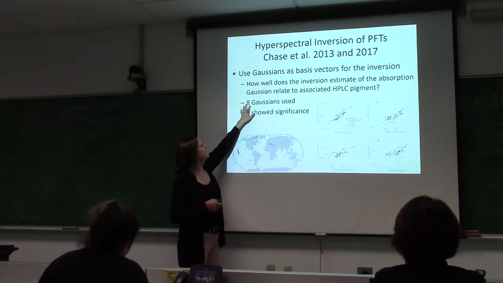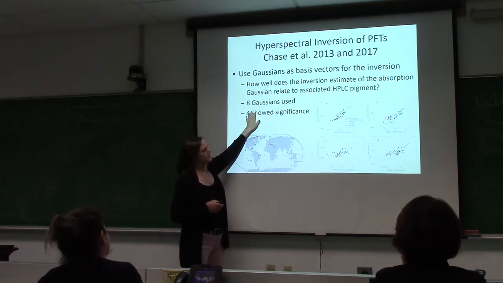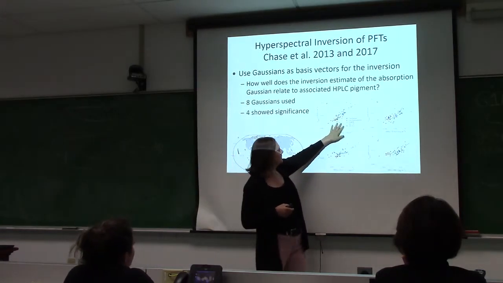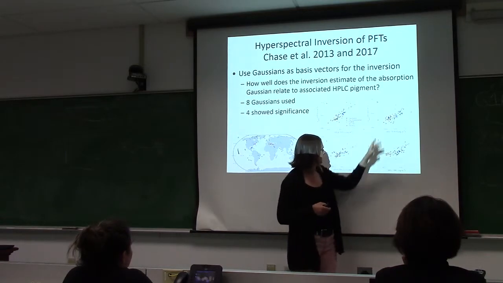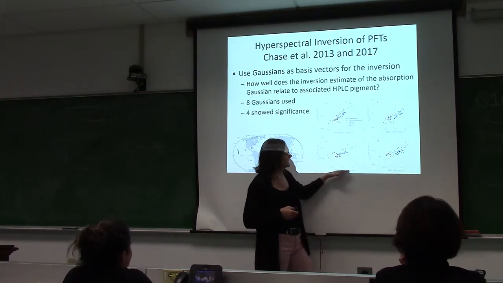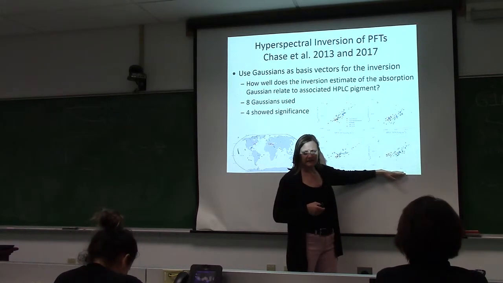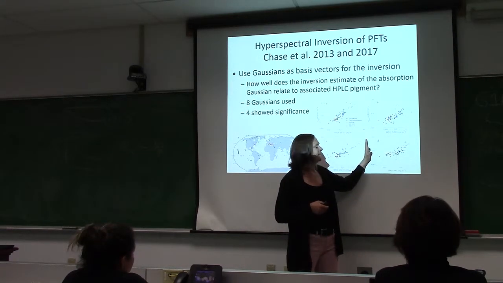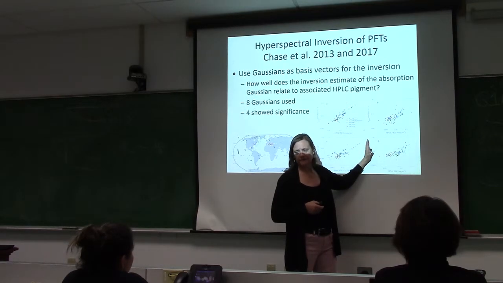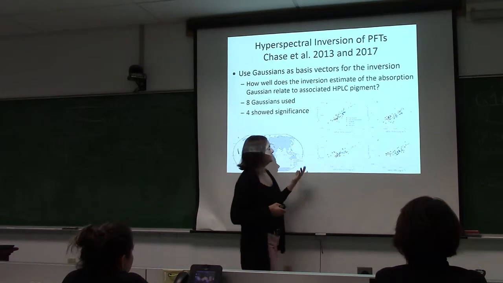And her results were that of the 8 that she used, really 4 showed significance. And so this is total chlorophyll A, total chlorophyll B, chlorophyll C, and the photoprotective pigments. So this is measured by HPLC on this axis from a water sample, and this is retrieved by inversion. And so you see, it looks really good.